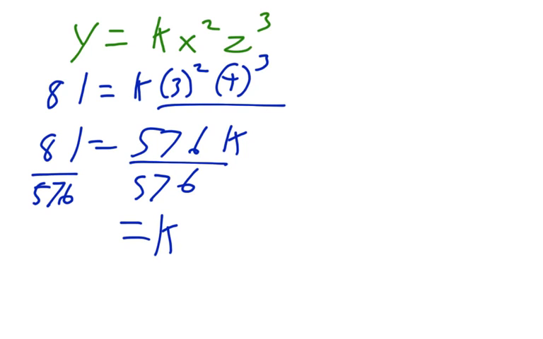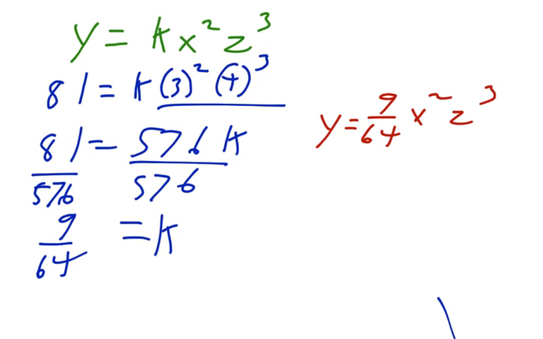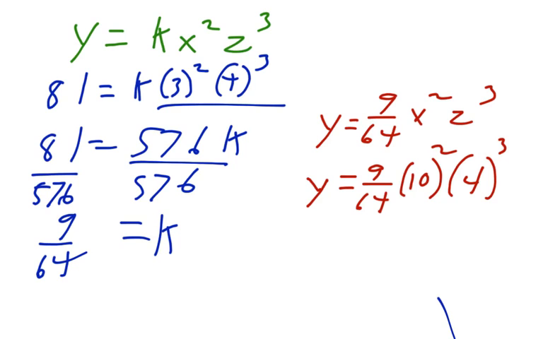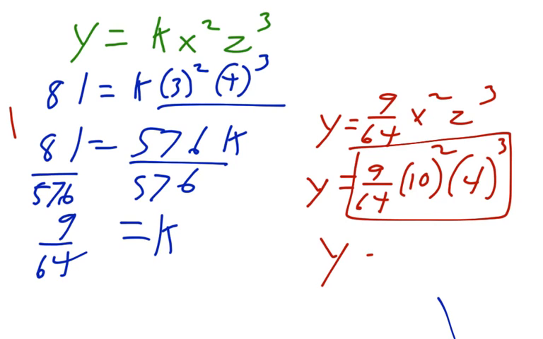And k turns out to be 9/64. So now we have y equals 9/64, x squared, z cubed. Plug in x equals 10 and z equals 4, and plug this all in, and we'll find out what y is. And y turns out to be exactly 900.